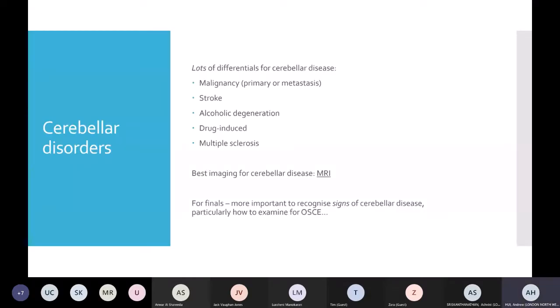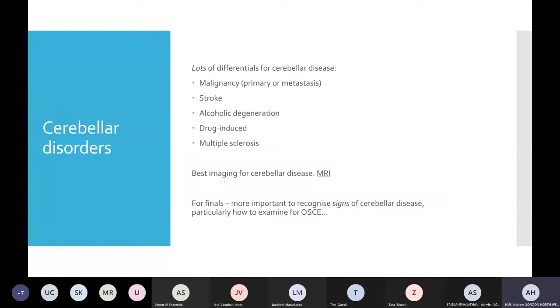Yes, so this slide shows us something about cerebellar disorders. So the history itself from the question could potentially point to something like raised intracranial pressure. It could point towards cerebellar disorders because the patient had a bit of a stumbling gait.